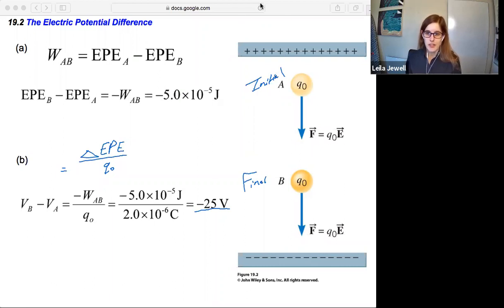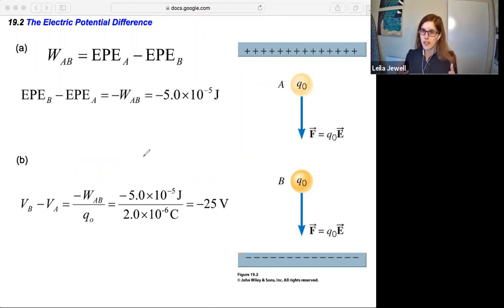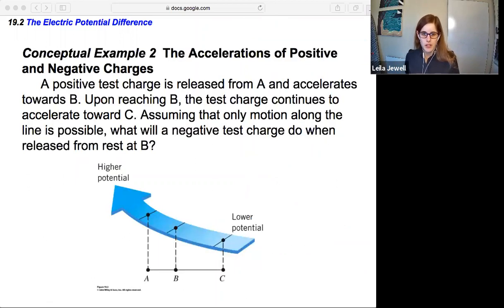All right, so this introduces the idea of the electric potential, and I said that we want to think about the potential energy like the ball, and thinking about where the ball wants to go. So let's try a conceptual example to check our understanding of that. So the accelerations of positive and negative charges.